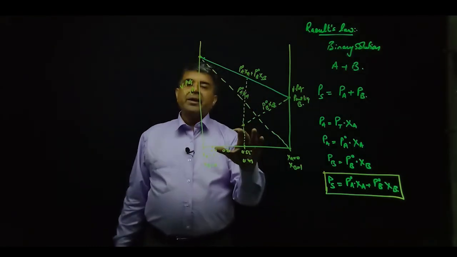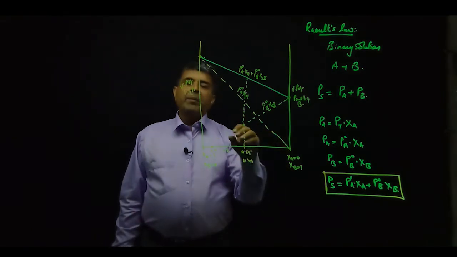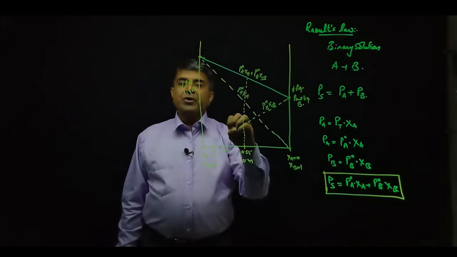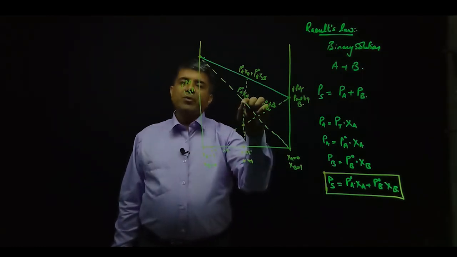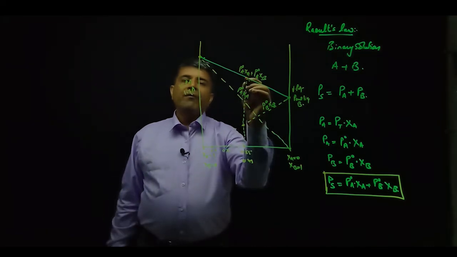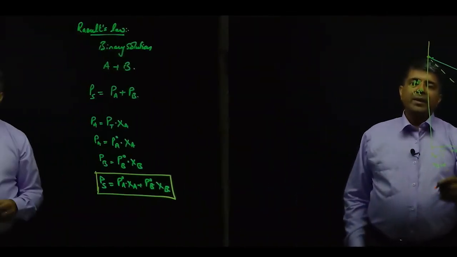So this would be the contribution of the vapor pressure of liquid B in the total vapor pressure of the solution, and this would be the contribution of liquid A, and this is the vapor pressure of the solution.